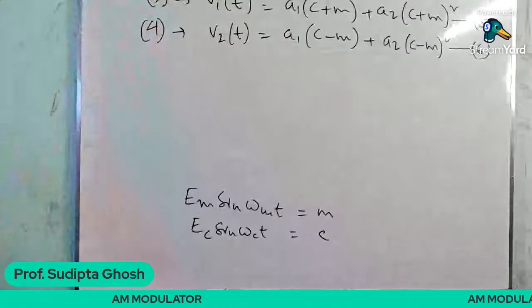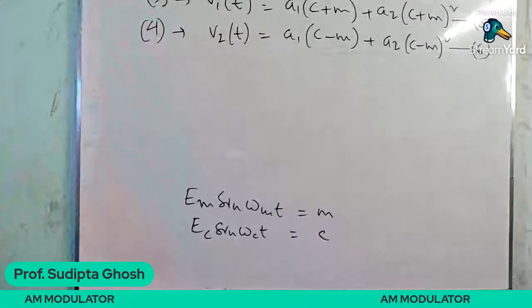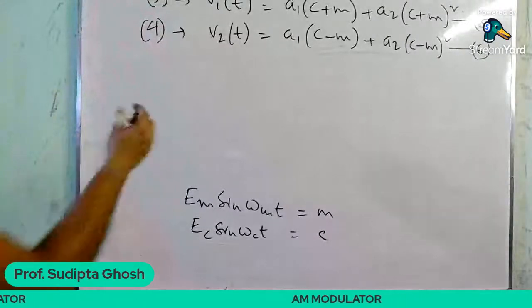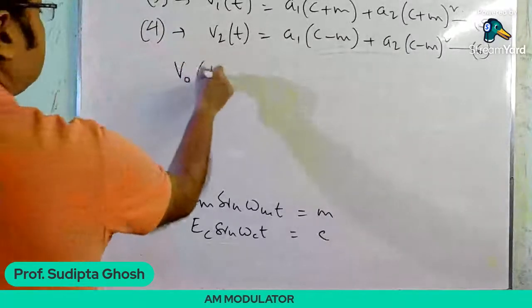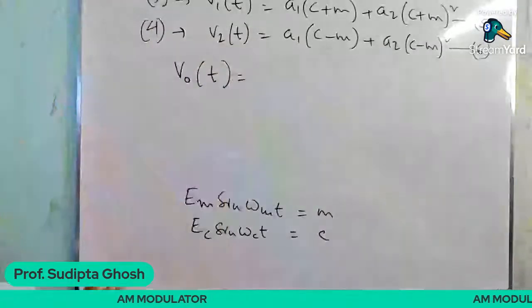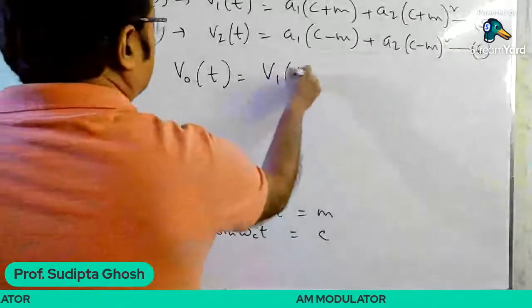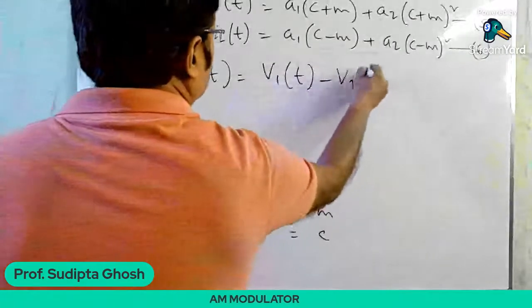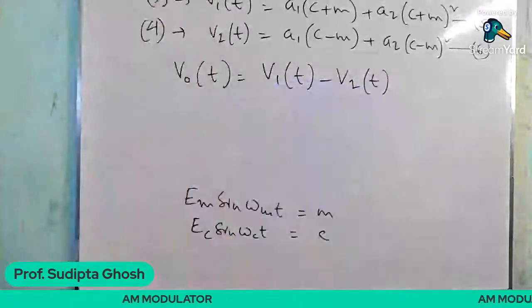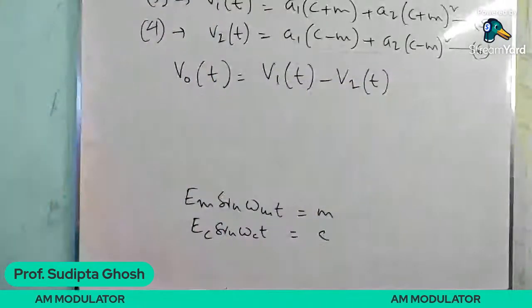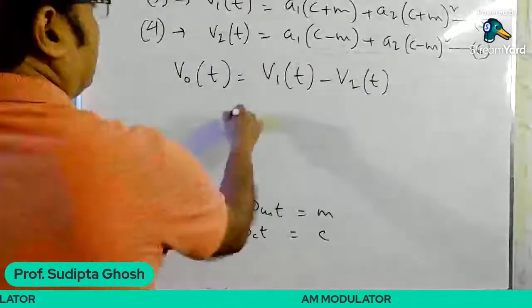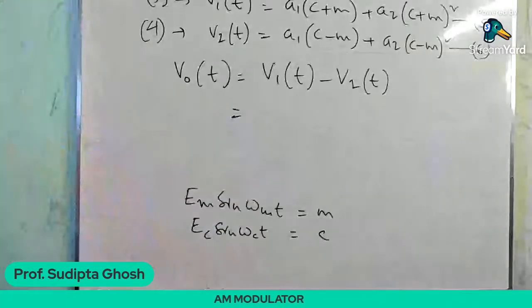Okay. So now the output voltage V0(t) will be the difference of V1 and V2. So we can consider it as V1(t) minus V2(t). So what happens if you consider 5 minus 6?